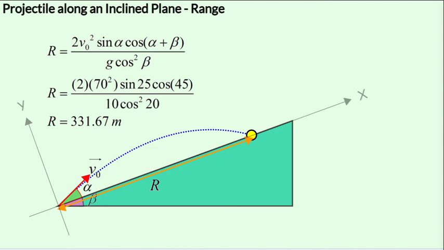So now we have computed both the time of flight and the range, and you can see that apart from rotating the axes and resolving the velocity and acceleration vectors along these axes, we haven't added any new concept. We have simply used the equations of motion along each axis.